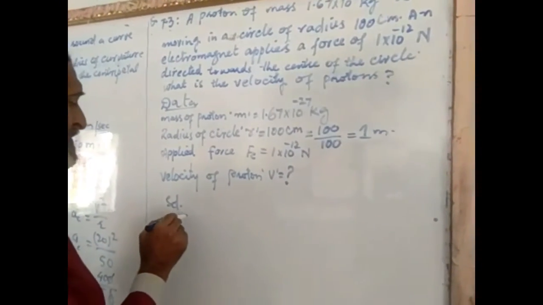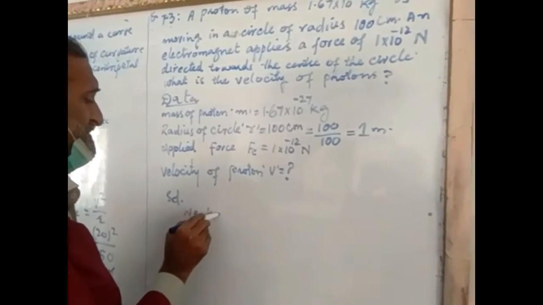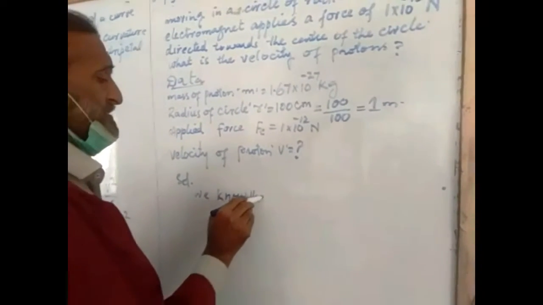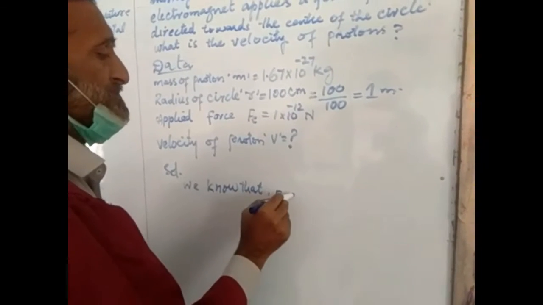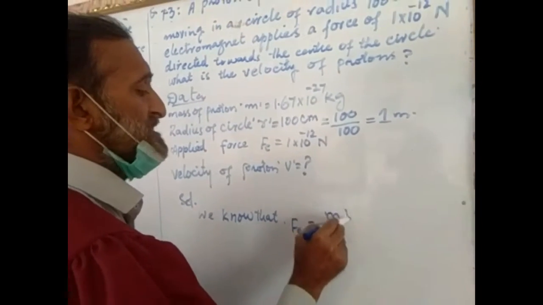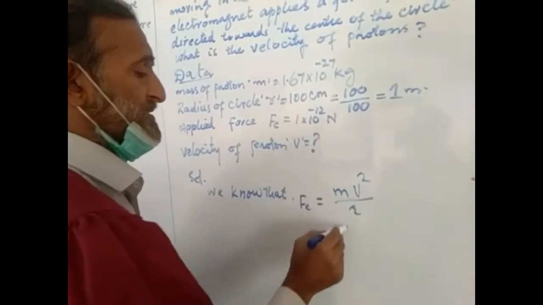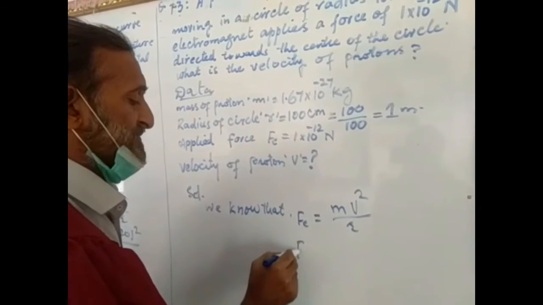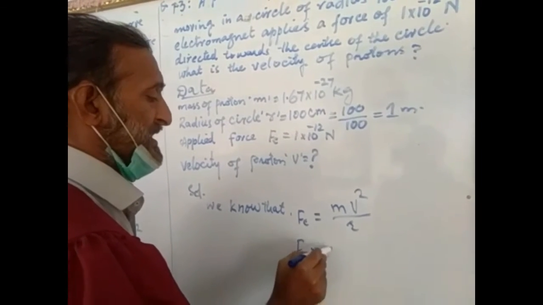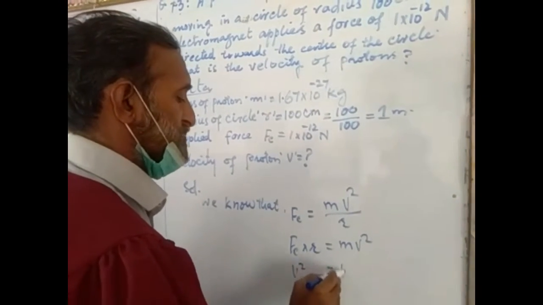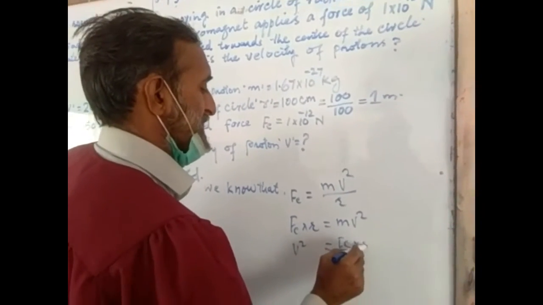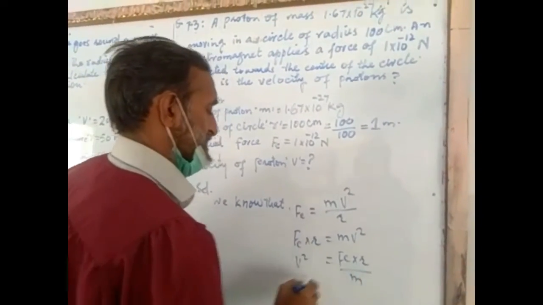We have to find out the velocity of the proton. Now, we know that Fc, centripetal force, is equal to mv square upon r. R will be multiplied with Fc. Fc multiplied by r is equal to mv square. V square is equal to Fc multiplied by r upon m.